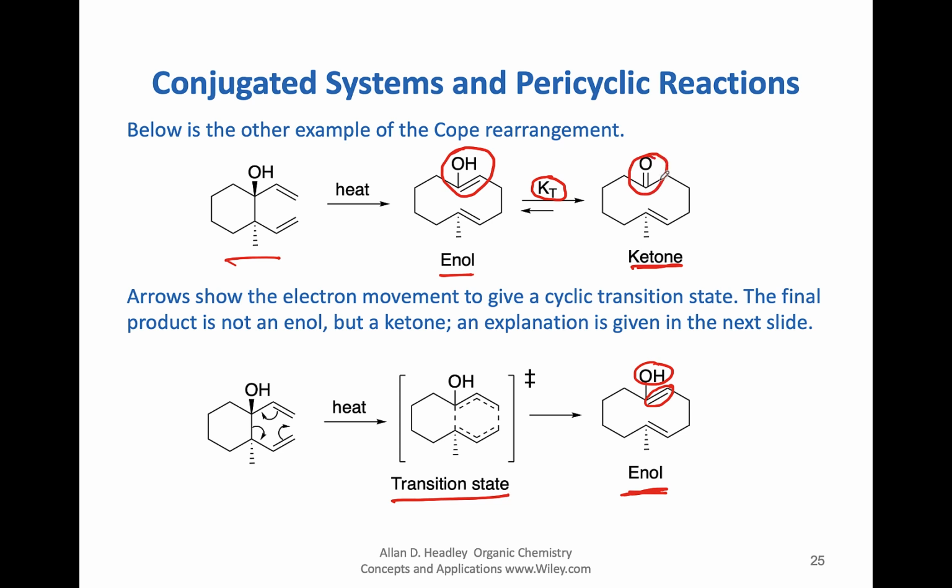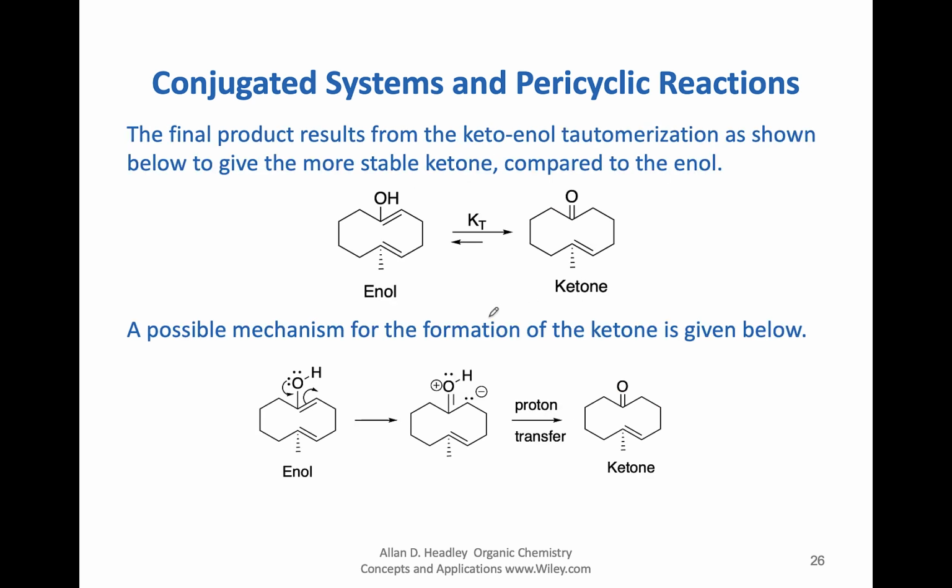Let's see how that happens. On this slide here we have the enol, which gives the ketone. So as you can imagine here, these electrons move in to form this intermediate, not stable, as you can see, because it's charged.